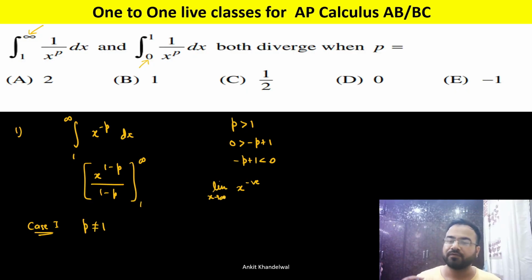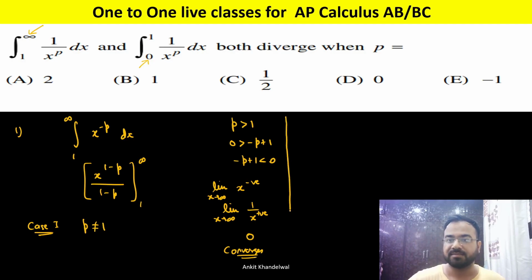So x to the power of negative means 1 upon x, now it will be positive, and the limit as x goes towards infinity. When x is going toward infinity, our denominator is getting a very large number, so 1 upon a very large number will approach 0. So this is converging. We can say it converges when p is greater than 1.